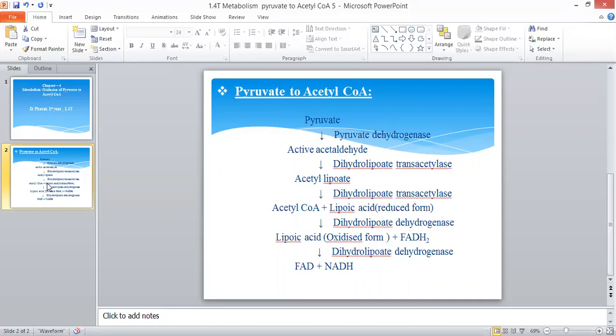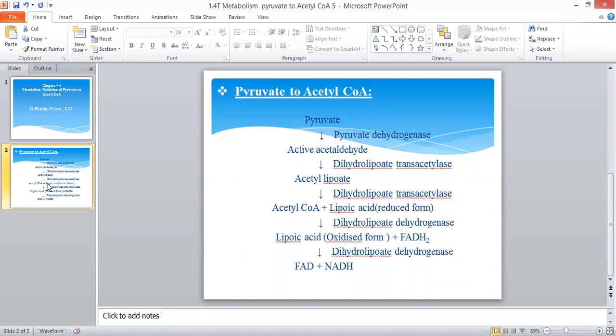First, pyruvate to active acetaldehyde. Pyruvic acid combines with TPP to form active acetaldehyde. This reaction is catalyzed by the enzyme pyruvate dehydrogenase.